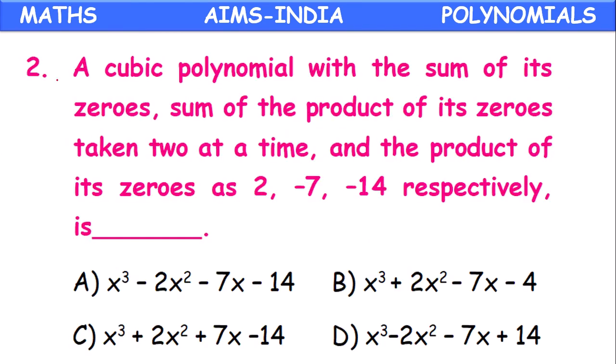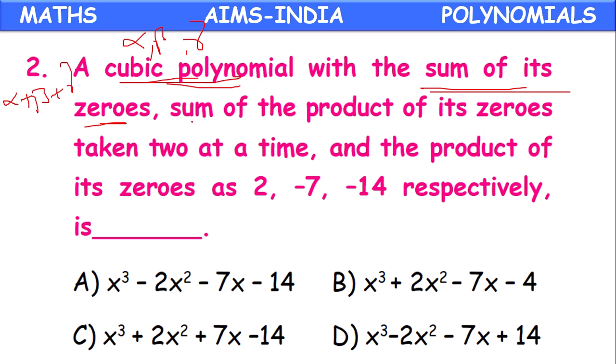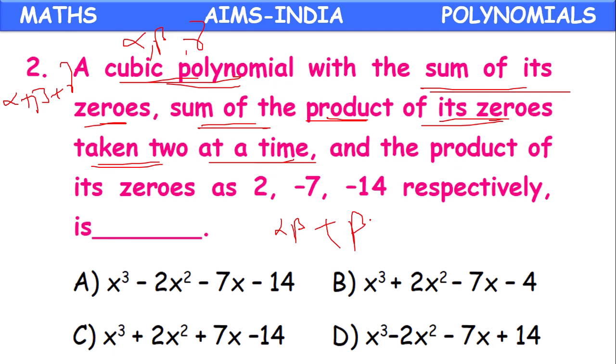Next, second one. A cubic polynomial with the sum of its zeros. Suppose alpha, beta, gamma are the roots of a cubic polynomial, then the sum of its zeros means alpha plus beta plus gamma. Sum of product of zeros taken 2 at a time means alpha beta plus beta gamma plus alpha gamma.